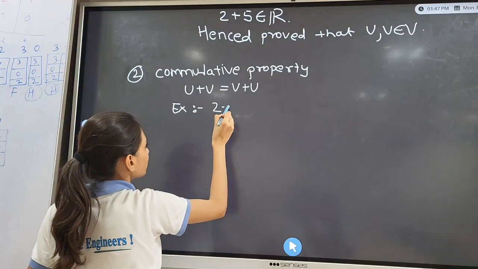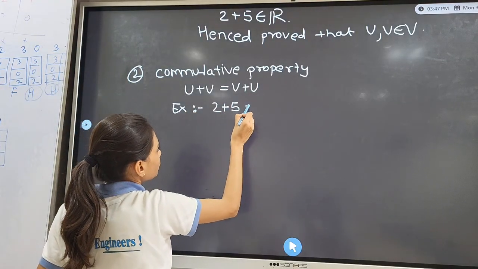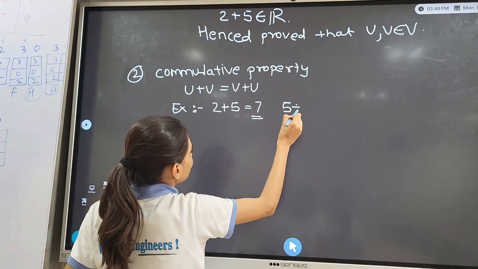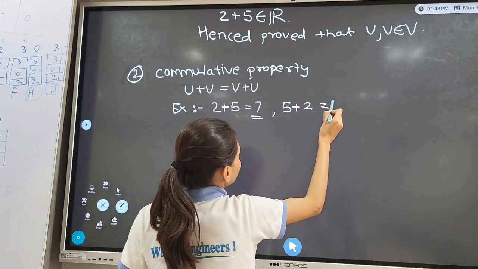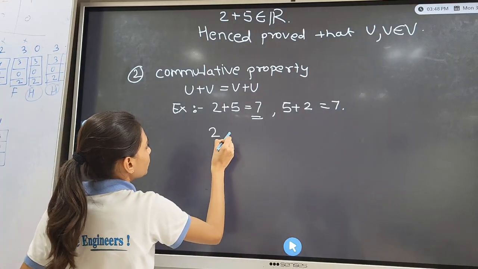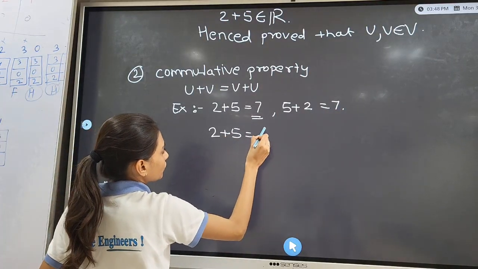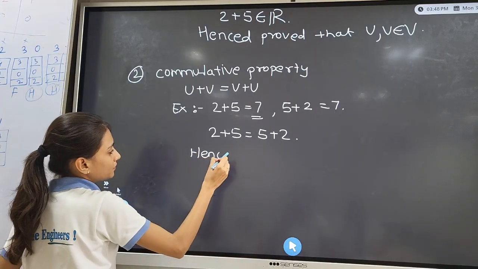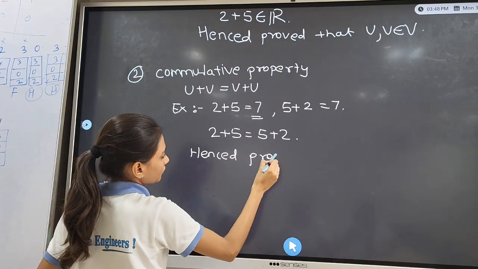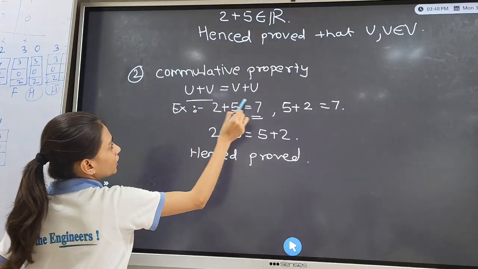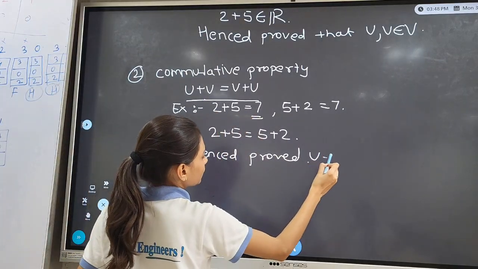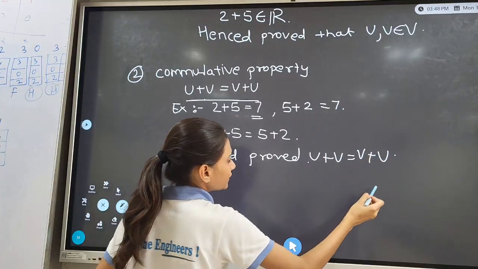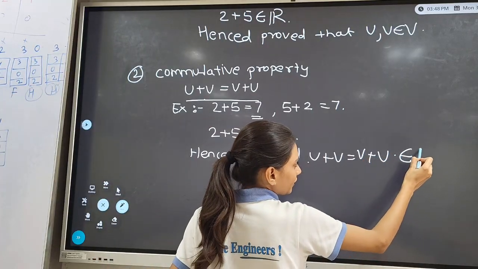Suppose there is 2 plus 5. The addition of 2 plus 5 is 7. And when we perform the addition of 5 plus 2, it also gives 7. Then we can say that 2 plus 5 is equal to 5 plus 2. Then we can prove that U plus V is equal to V plus U. And these lie in the vector space.